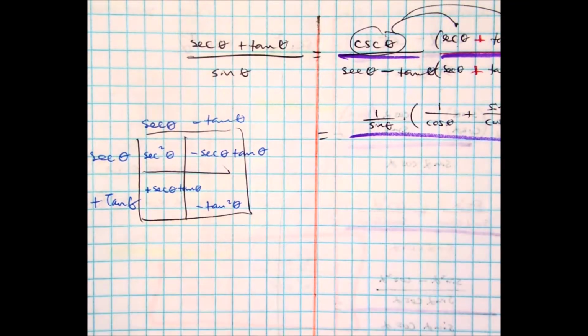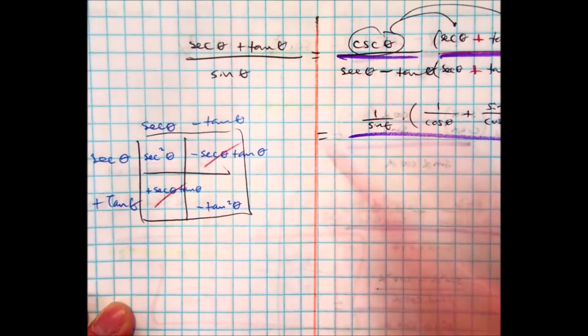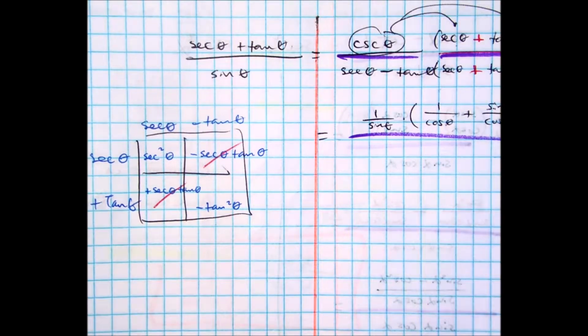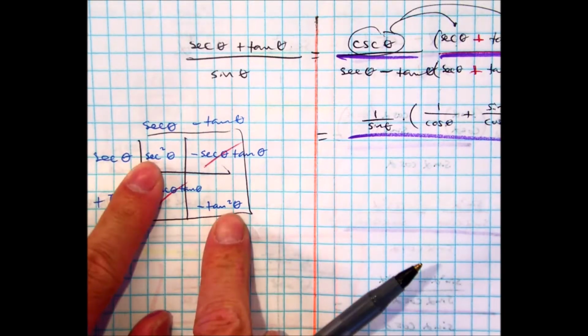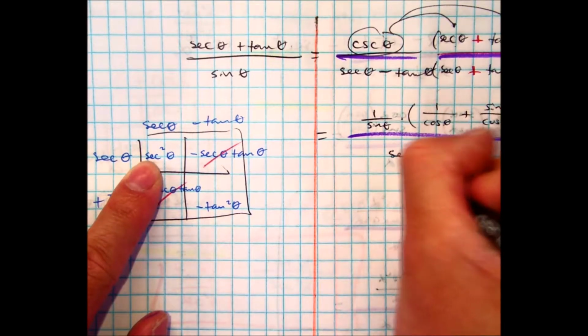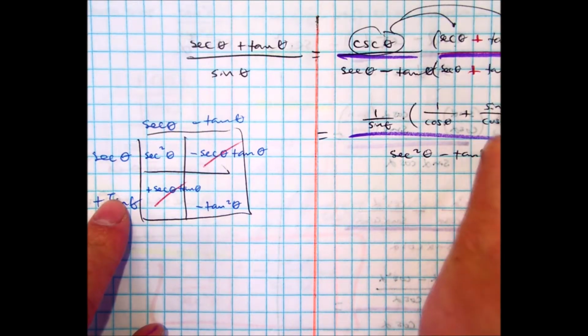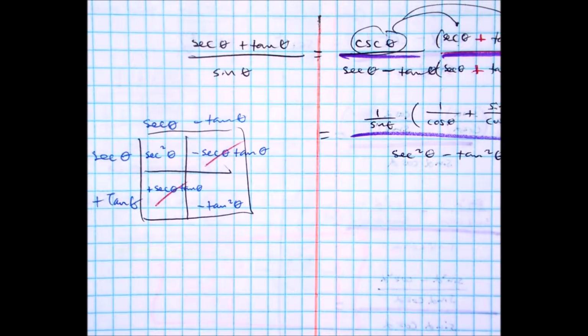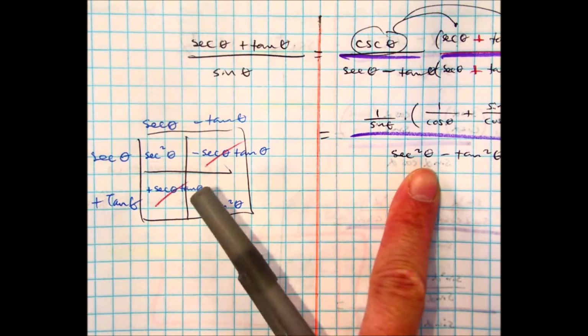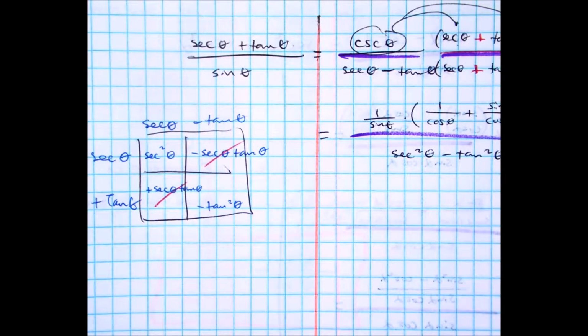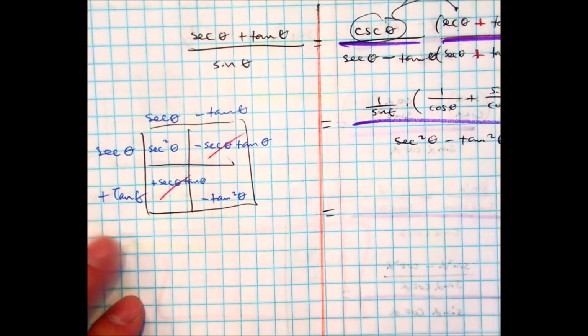Now we're going to add. What happens? And what are we left with? On your formula sheet, go ahead and put your finger on an identity that looks like this. Class, which identity?